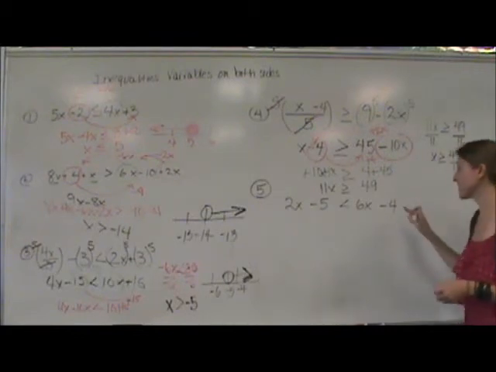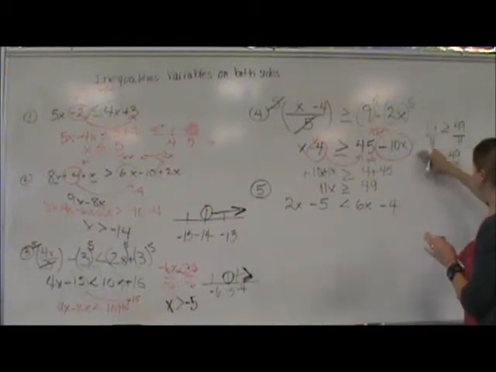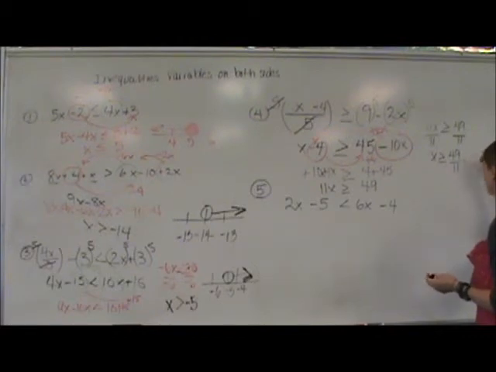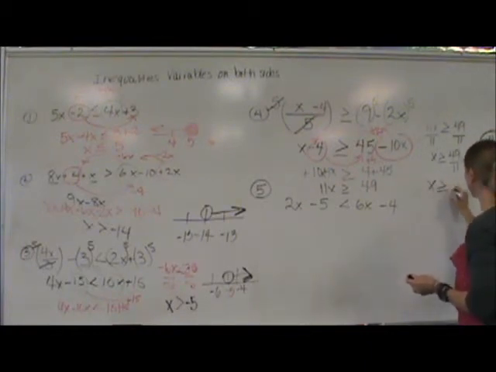I can simplify because if I'm graphing it, I can't graph it the way it is. It is a fraction, and it'll be easier if we make it into a mixed number. So 11 can go into 49 4 times with the remainder of 5 11ths. So X is greater than or equal to 4 and 5 11ths.